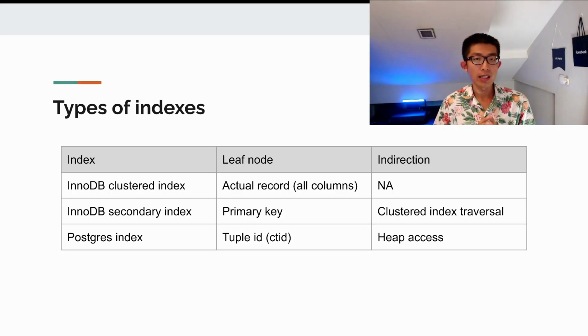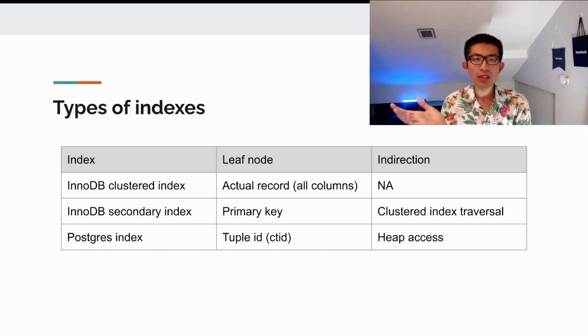Now that we understand what is ctid, let's talk about what is heap access. Assuming you are querying from an index, you reach a leaf node, you get the ctid. With ctid, you know the physical location of the record, so you can do one IO to get the record from the heap.